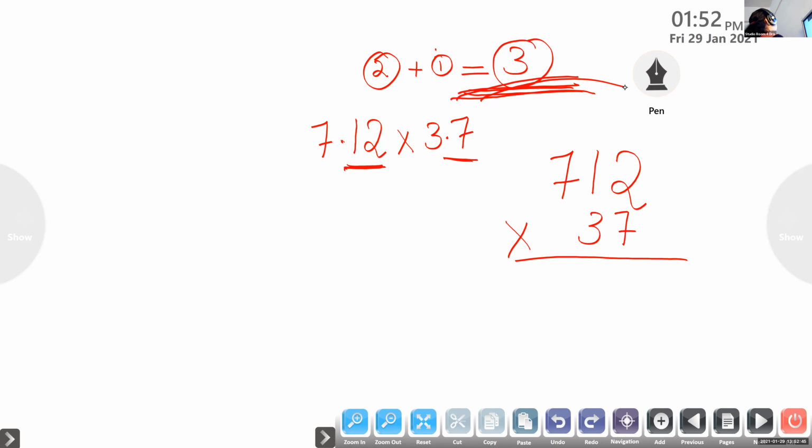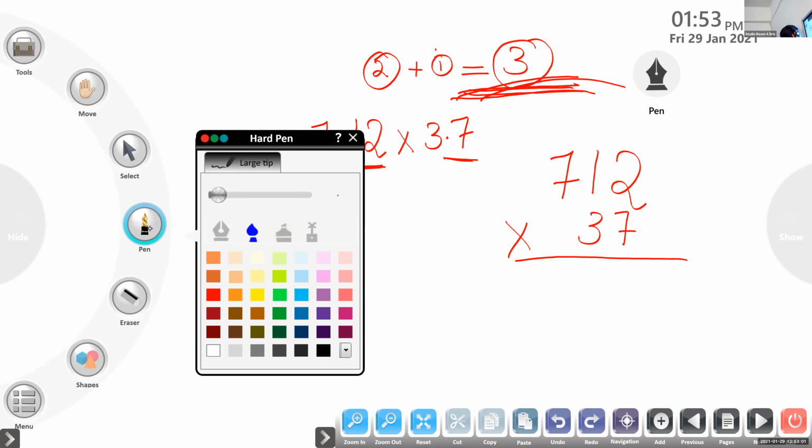This 3 decimal places. Isha, can you do the multiplication with me? Normal multiplication, children, there is no other difference here.